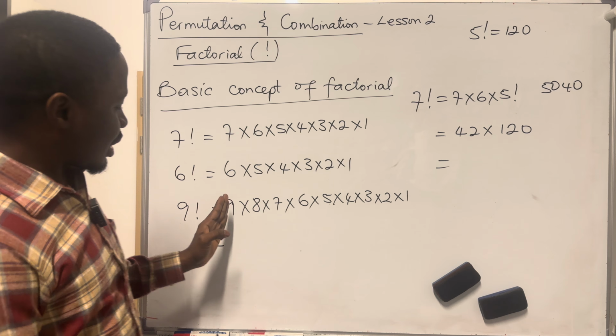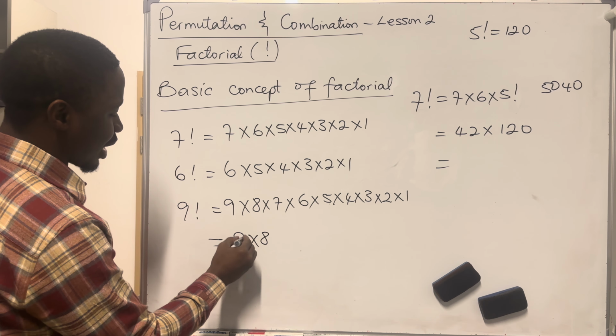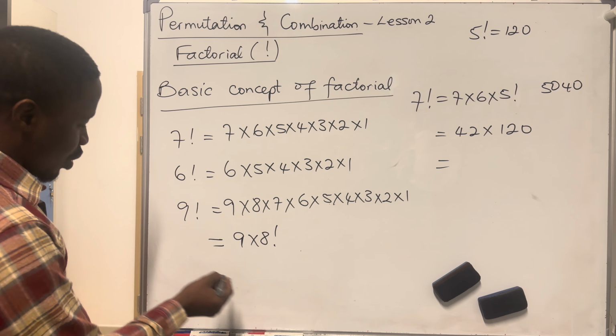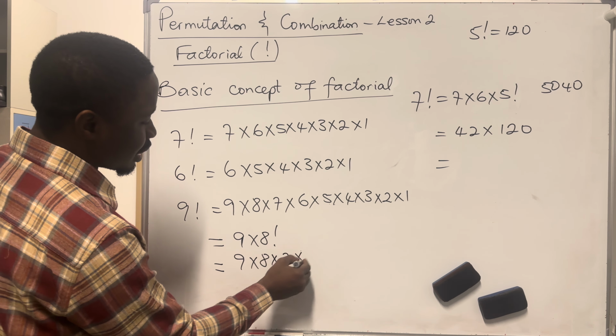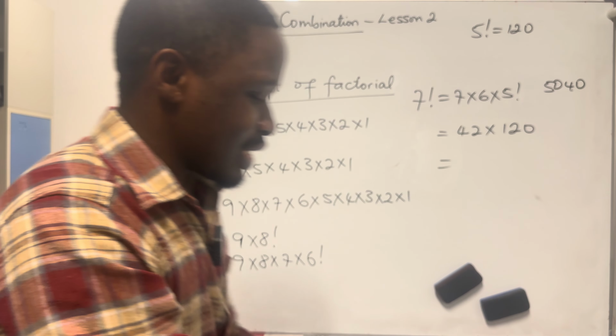All right. So what about 9 factorial? You can say 9 to 1, or if you want, you can say 9 times 8. You can say, I want to stop here, no problem. Just indicate the factorial. Or if you want, you can say 9 times 8 times 7 times 6. Stop here. No problem. Now let's see if we can get the same.